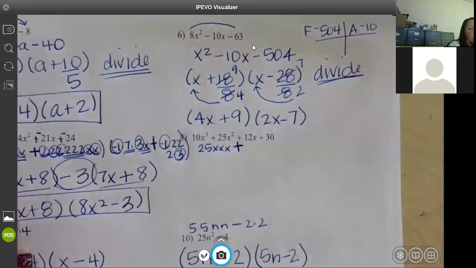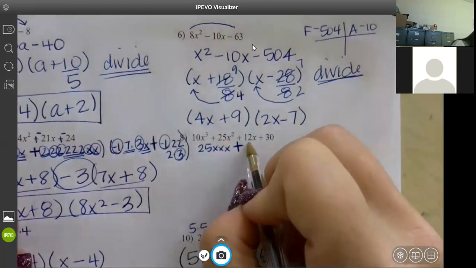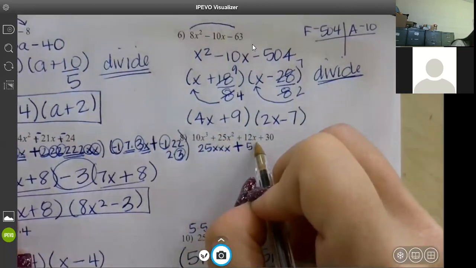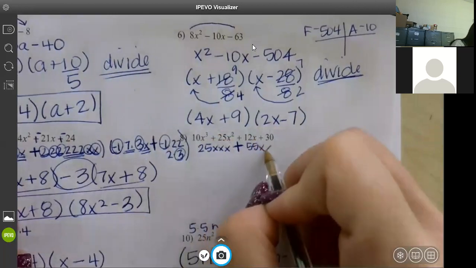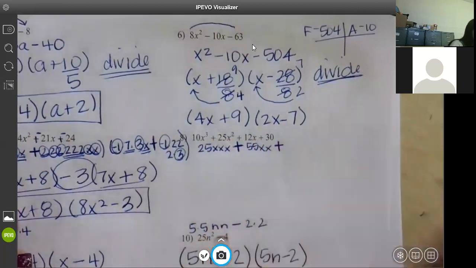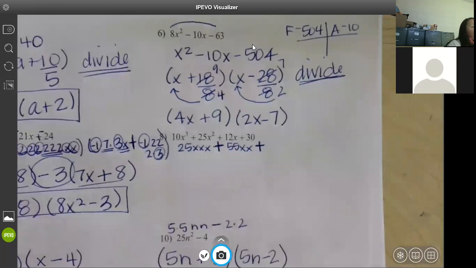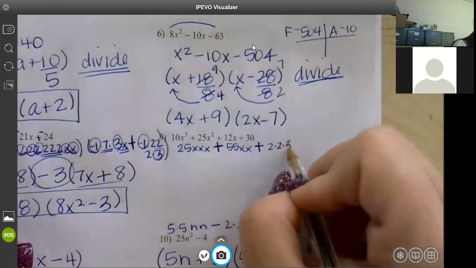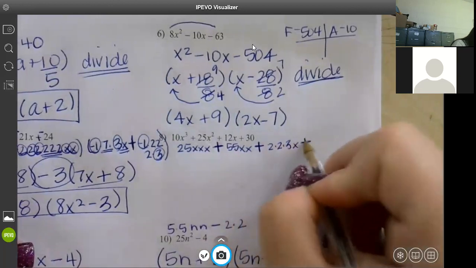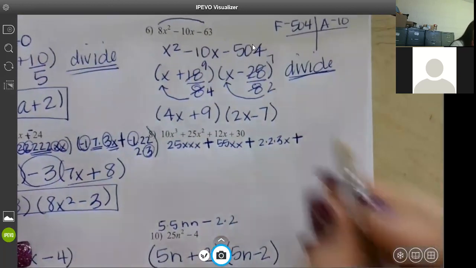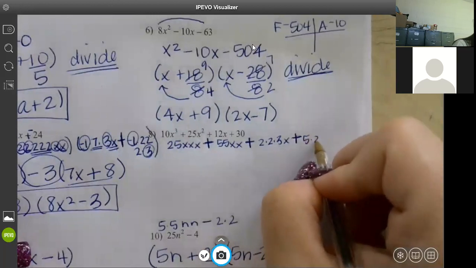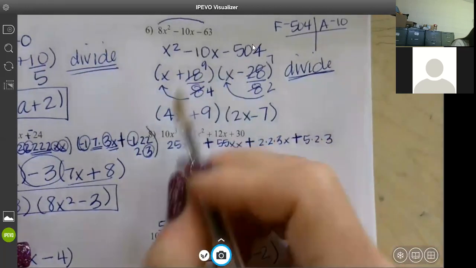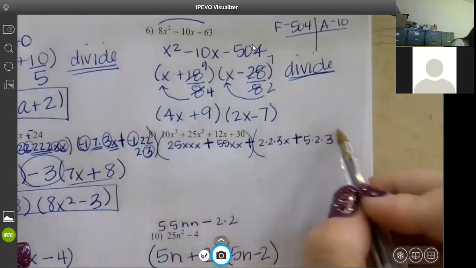What are your factors of 25x squared? 5, 5, and 2 x's, big fat plus. 12 is 2 and 6. 6 is 2 and 3, and an x, and a big fat plus. And we said 30 was 5 and 6, which is 5, 2, and 3. Group.